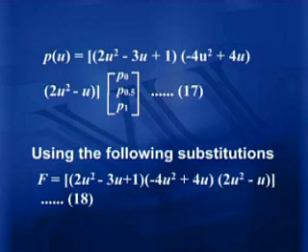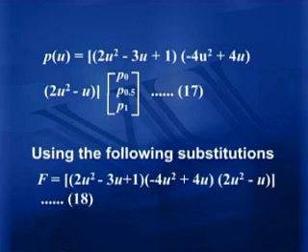Now this would mean that we can write it like this. The P of u, as it was written in equation 11, can now be rewritten as P of u equals a row matrix 2u squared minus 3u plus 1, minus 4u squared plus 4u, 2u squared minus u, multiplied by the column matrix comprising of P0, P0.5, and P1.